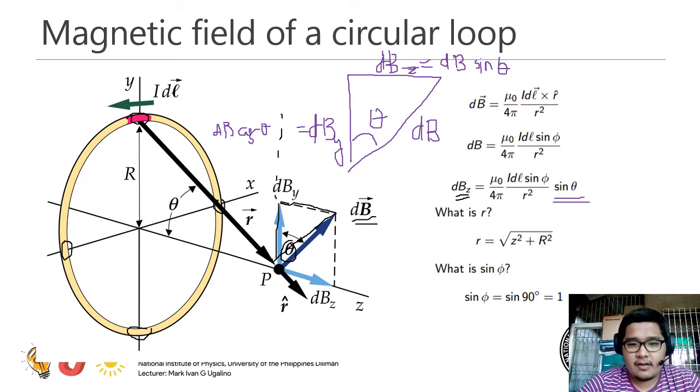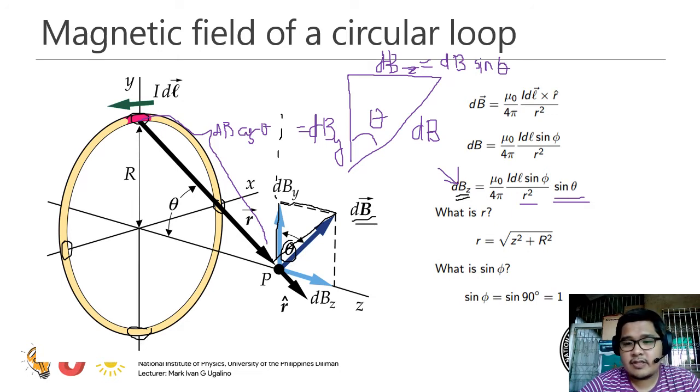Now what is left for us to identify is what r is. r is simply this length, which can be obtained using the Pythagorean theorem. Of course, to obtain the net magnetic field at point P due to this circular loop, what we need to do is to integrate this over this whole circular loop.